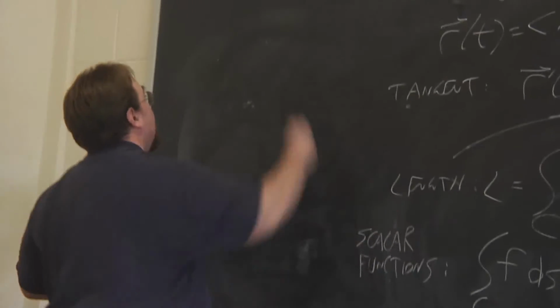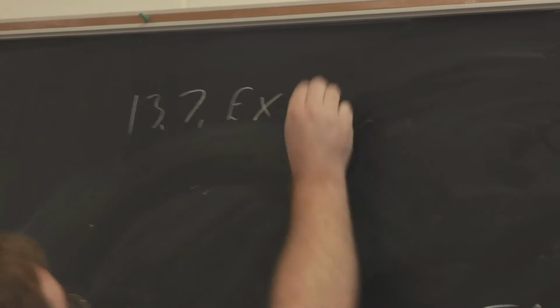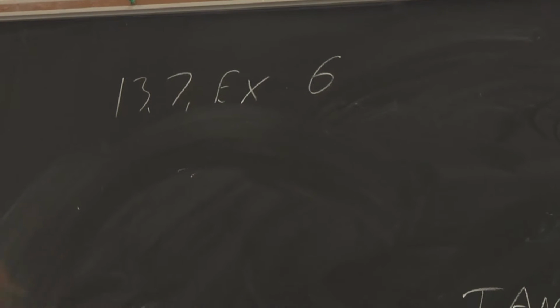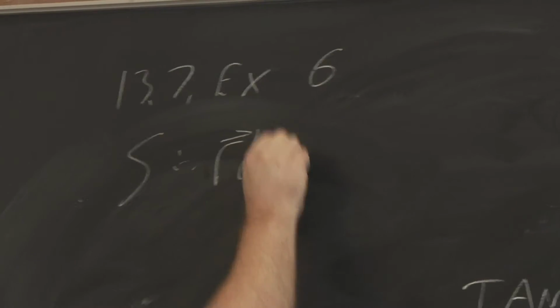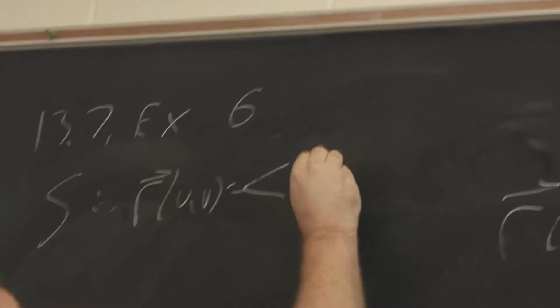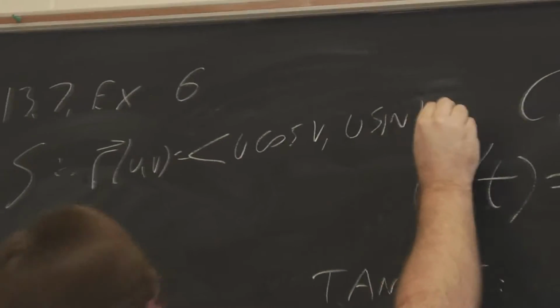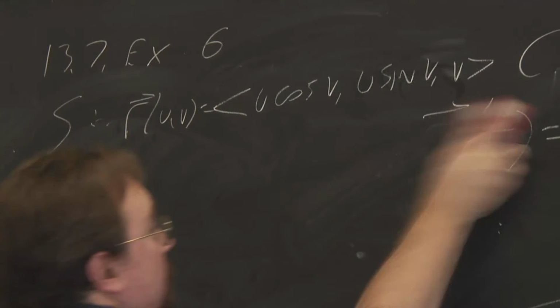So, okay, we have surface S with this parameterization: u cosine v, u sine v, and v.